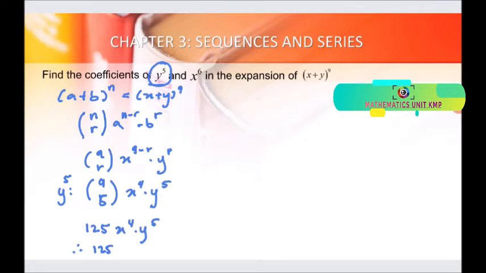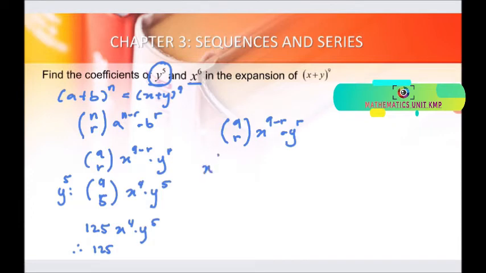Next, for x to the power of 6, we use the same formula. 9Cr, x to the power of 9 minus r multiplied with y to the power of r. So we want x to the power of 6. So from the formula 9 minus r, to get power 6, 9 is minus 3. So it means r is equal to 3.